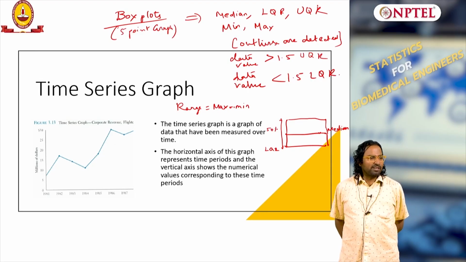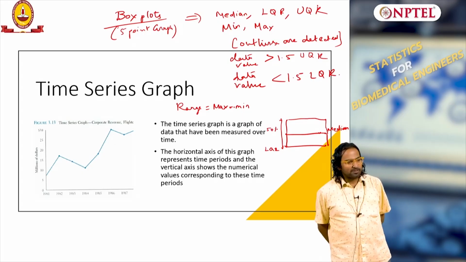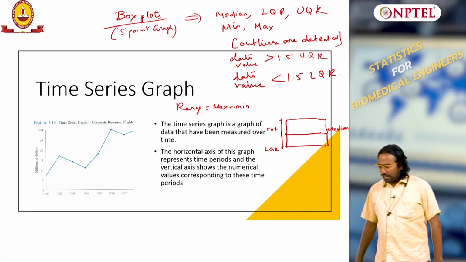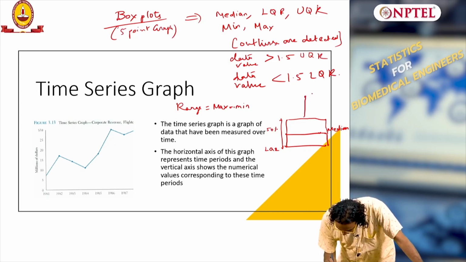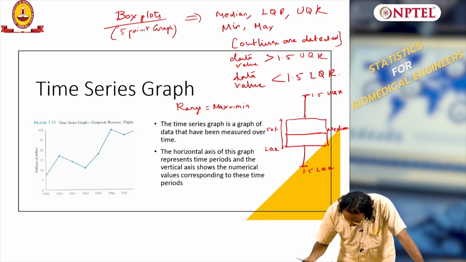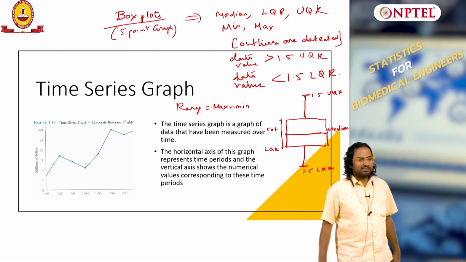Then what is min and max? Is it the min and max of the data? This min and max is different. The max minus min range is different from the min and max plotted in the graph. What is min max? We actually extend it up to 1.5 times. So this is what we typically call min, and the other one is max, okay.